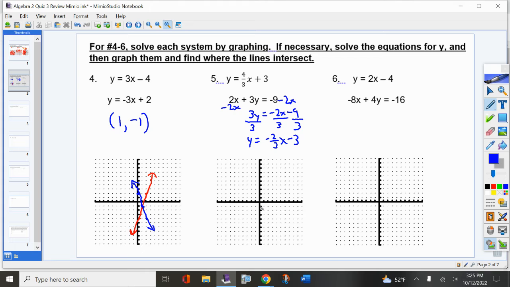So I'm going to go ahead and graph this one. My y-intercept is negative 3, 1, 2, 3. My slope is negative 2/3, so down 2 and right 1, 2, 3. Or I can go up 2 and left 3. Connect my dots.